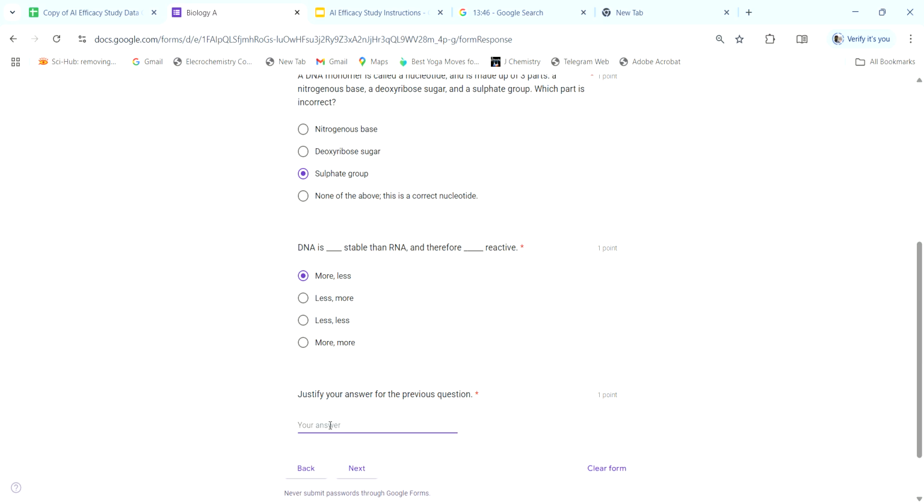So I can justify it to say that DNA contains a hydrogen atom at the 2 prime end, whereas in RNA it is which group?